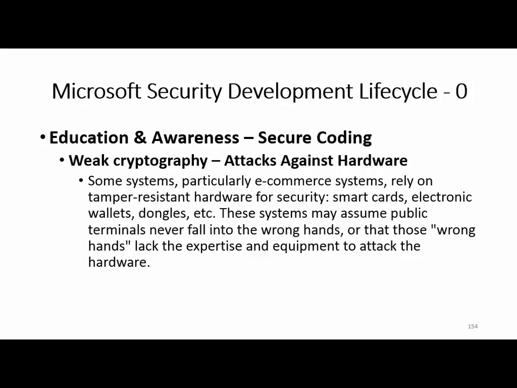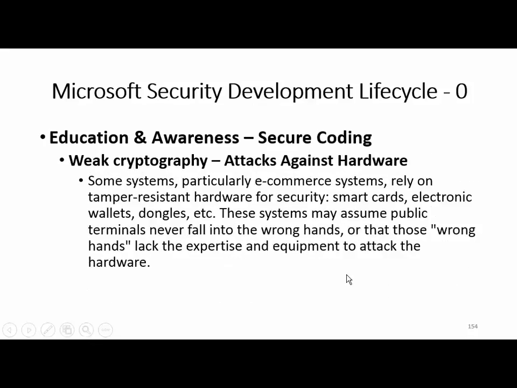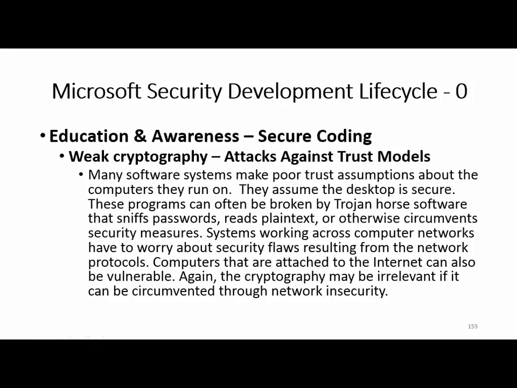Some systems, particularly e-commerce, rely on tamper-resistant hardware, smart cards, etc., which may assume that whoever is using it is always valid and should be able to use it, but may or may not indeed. Many computer systems make poor trust assumptions about the computers on which they run.